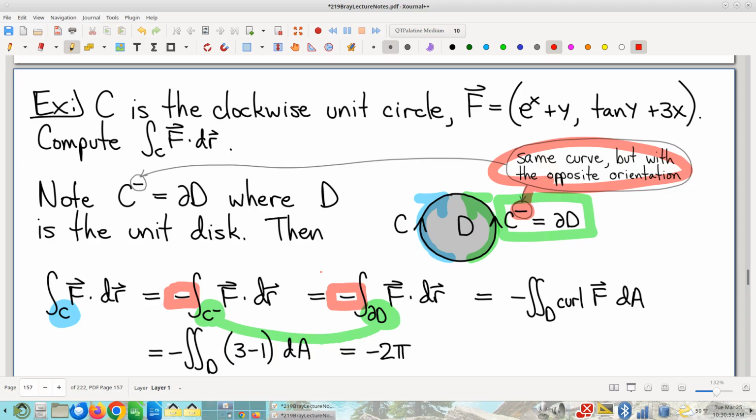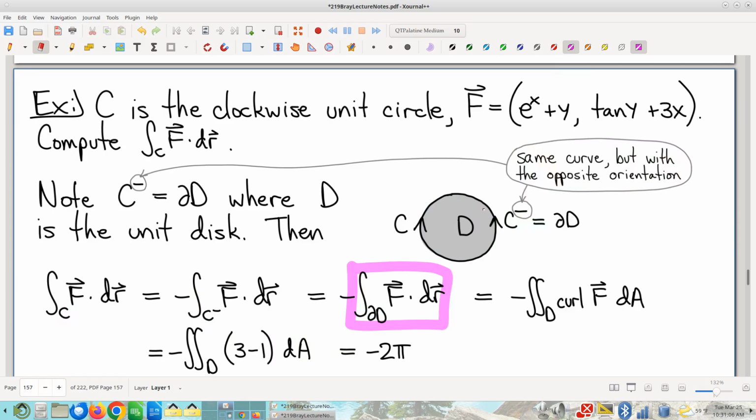So, natural next question, how do we actually compute this integral, right? We've gotten it down to, I know how to deal with minus signs, so I really just at this point need to figure out how to compute that integral. And how do I compute that integral? Well, conveniently now, this is a boundary.